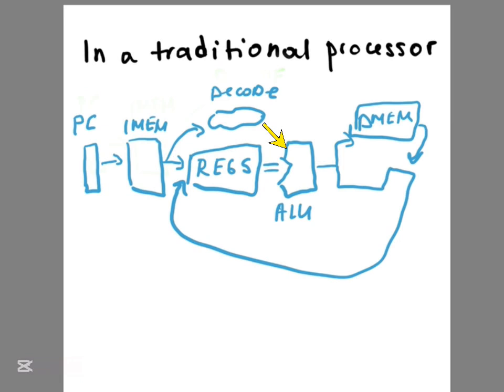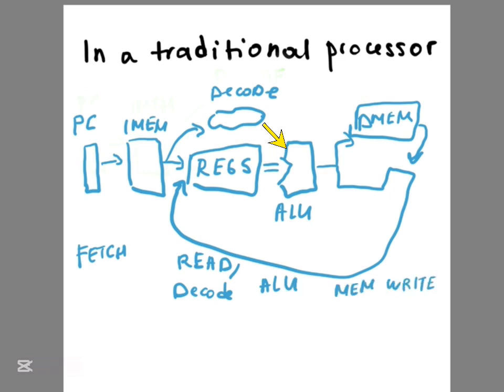So you can see that the instructions are going through 5 phases. We go through fetching, reading and decoding, ALU, we access the memory, and finally we write the register. In total, we approximately use 20 nanoseconds.